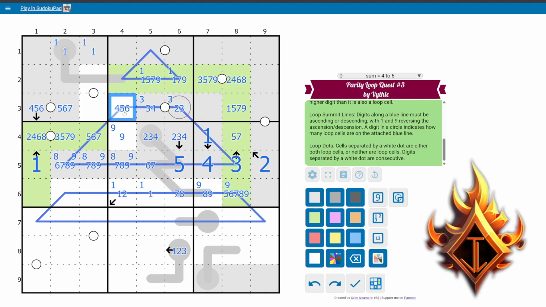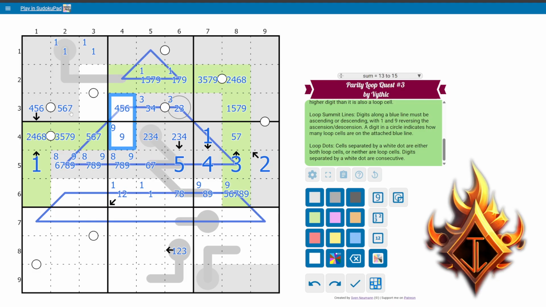And now if that one is on the line, then it's 5. It'd be 4, 3. So that would be 6.